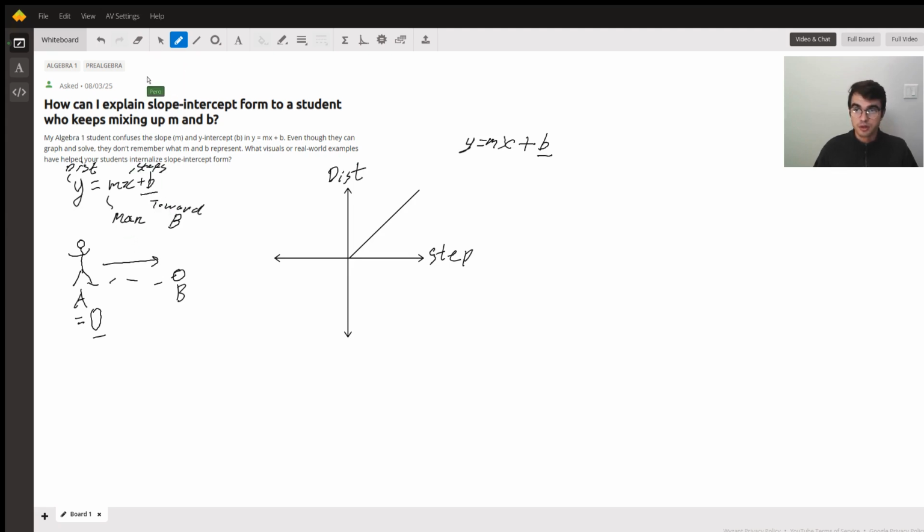We're going to move this little guy here. We're going to move him halfway to B. And then we're going to start counting his steps. So what that looks like is, we haven't counted his steps yet. So he's got 0 steps, but he's already halfway to the distance.